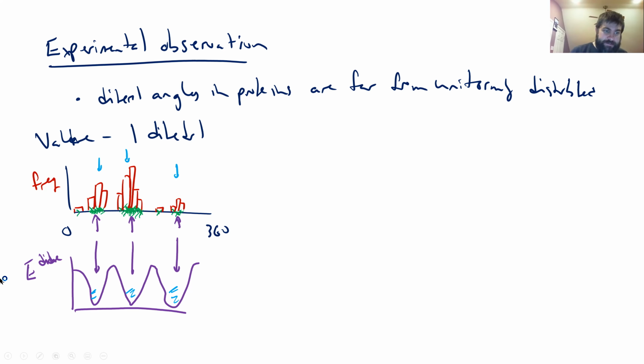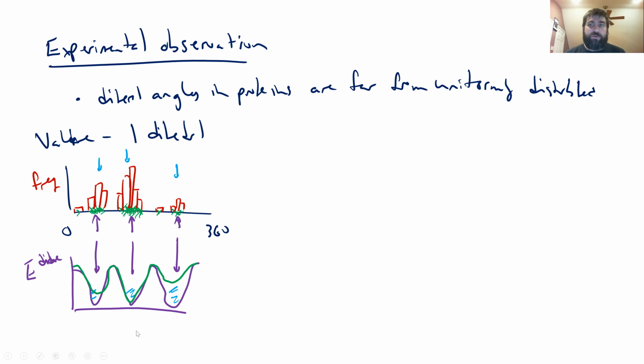And so perhaps a system like this might be better described by having one very deep minima, one higher energy, and one medium energy basin to account for the different heights. And there's other energies involved, other things going on beyond the dihedral energy also. The key point, however, is that this is what we observe.